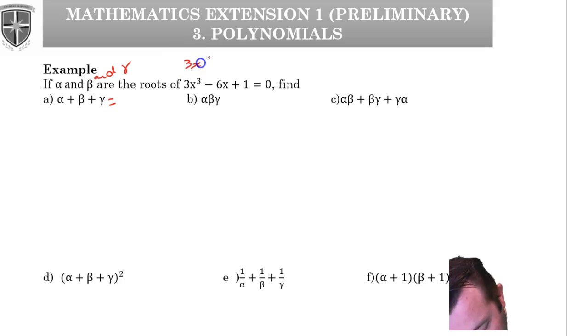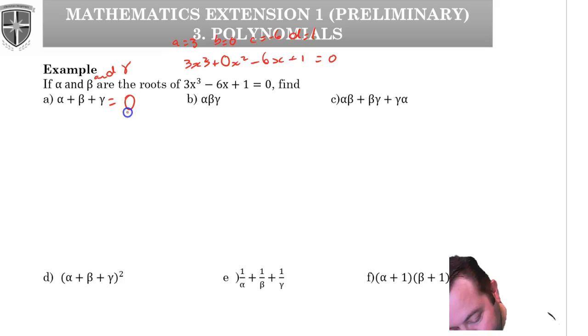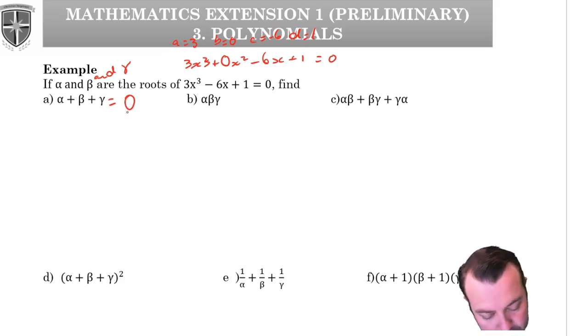This is the same as 3x cubed plus 0x squared minus 6x plus 1 equals 0. So a equals 3, b equals 0, c equals negative 6, d equals 1. Just be careful there. So the sum of the roots, negative b on a, is negative 0 over 3, which equals 0.